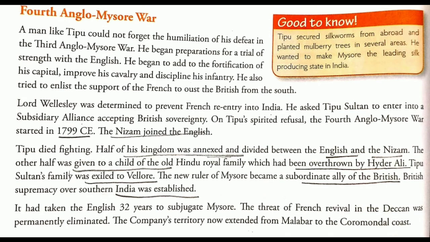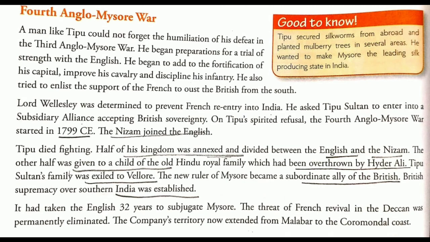And what is the subsidiary alliance? To accept the British supremacy. On Tipu's spirited refusal, the Fourth Anglo-Mysore War started in 1799 CE. The Nizam joined the English. So when Tipu Sultan refused to accept the subsidiary alliance, the Fourth Anglo-Mysore War happened in 1799, and in this war the Nizam supported the English. Tipu died fighting.